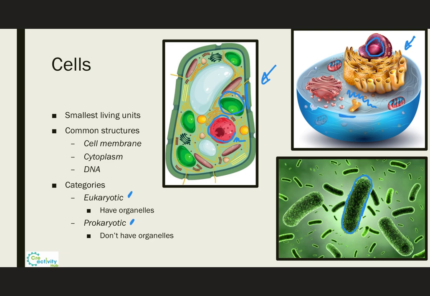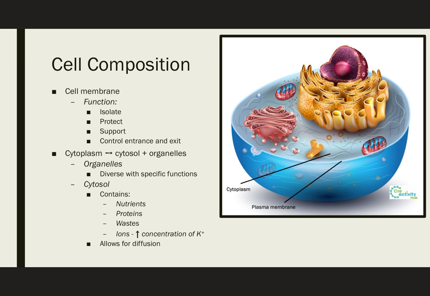As we can see over here, the prokaryotic cells are always one-celled or unicellular organisms, such as bacteria, which is shown in this image. The cell consists of a cytoplasm, which is made up of cytosol plus organelles that are enclosed or surrounded by a plasma membrane.